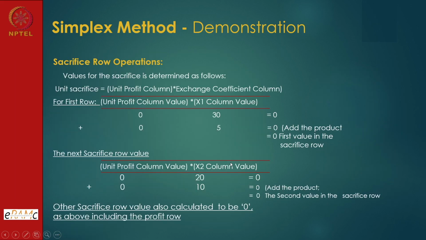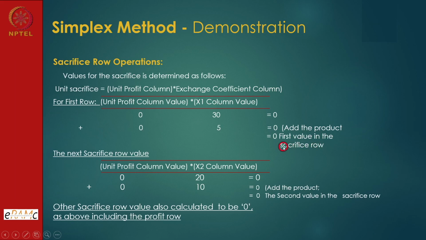Now let us see how we go about doing that. How to compute the sacrifice row? A very systematic procedure has been given. The value for the sacrifice row is determined as follows: unit sacrifice is equal to the unit profit column value, which is 0, times the exchange coefficient column, 30. This is the first value in the sacrifice row.